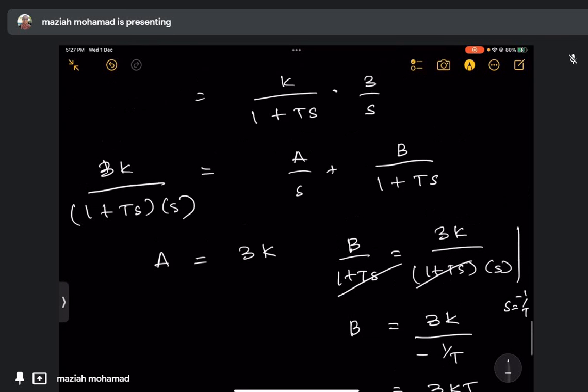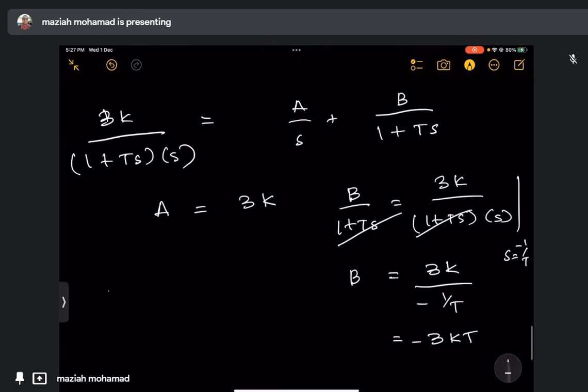So therefore Y(S) kita is equal to 3K over S minus 3KT over 1 plus TS.